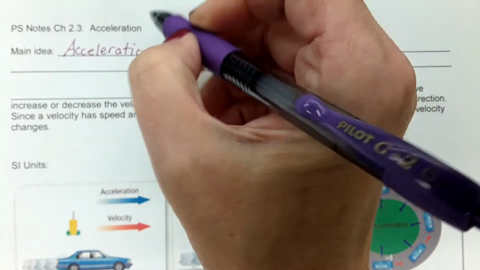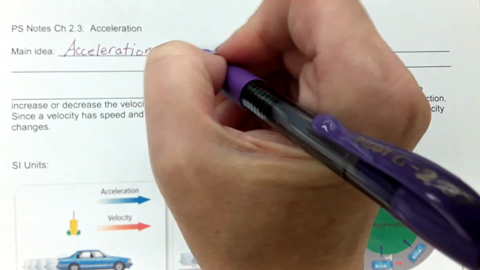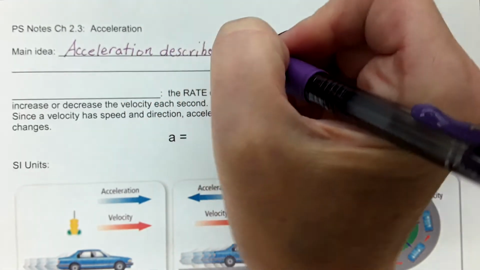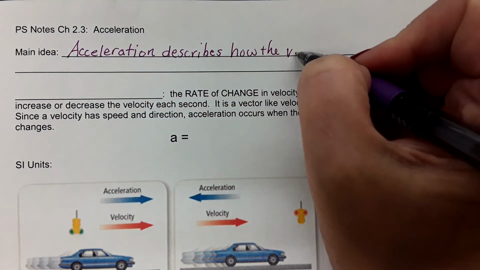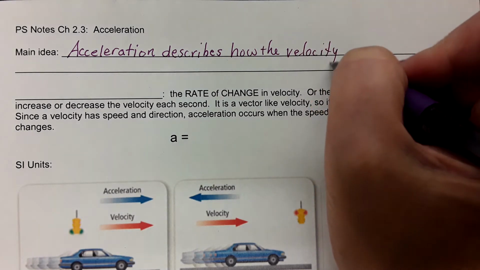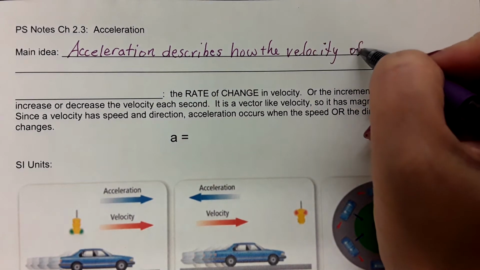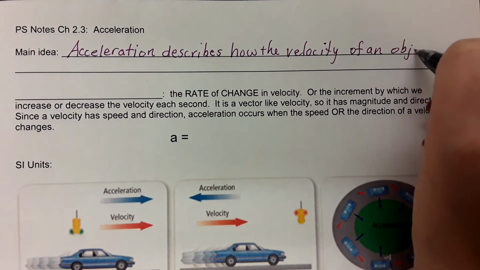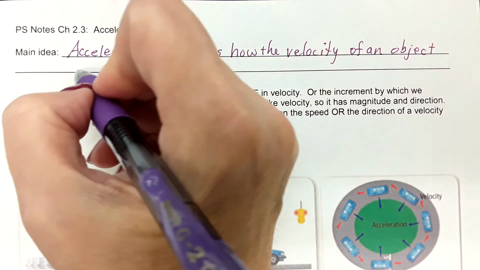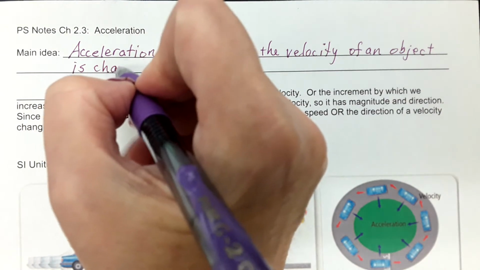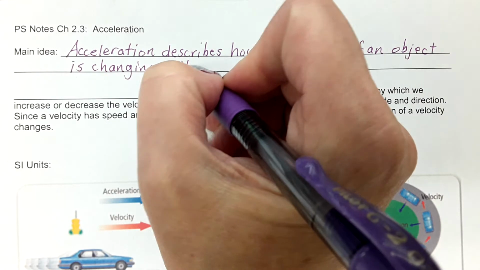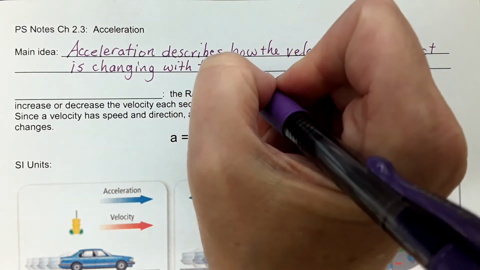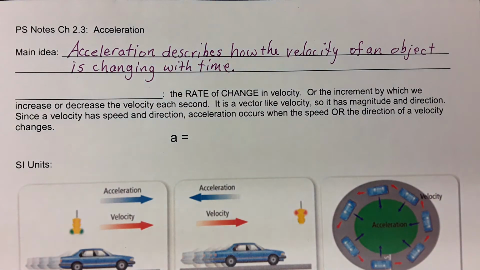Acceleration describes how the velocity of an object is changing with time. Okay, in other words, it's what happens when you speed up or slow down.